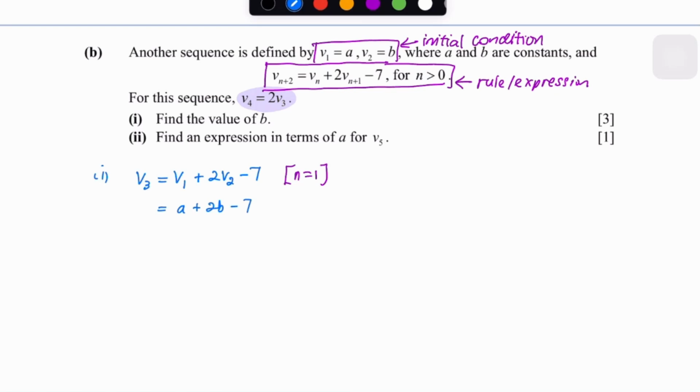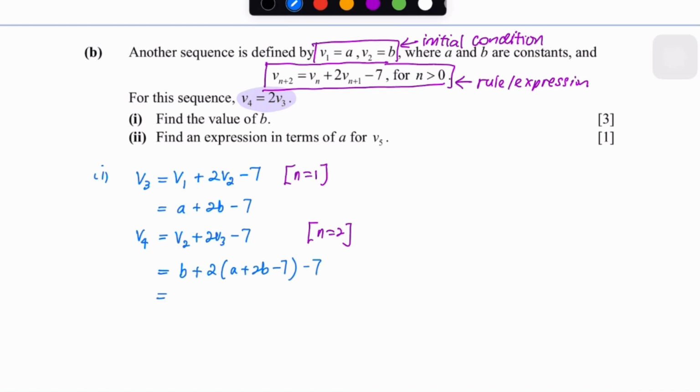Now let's find what is V4. V4 will be equals to, so this one is when n equals 2. You get V4. So this will be V2 plus 2V3 minus 7. Don't write first, because you know what's coming. I'm going to erase everything. So what is V2? V2 is B plus 2 of this minus 7.